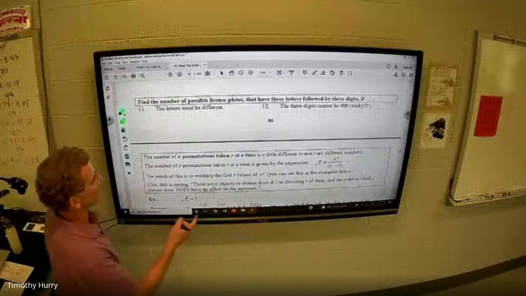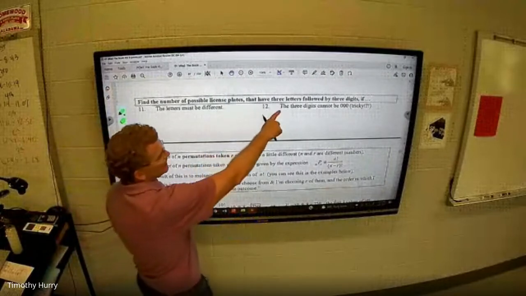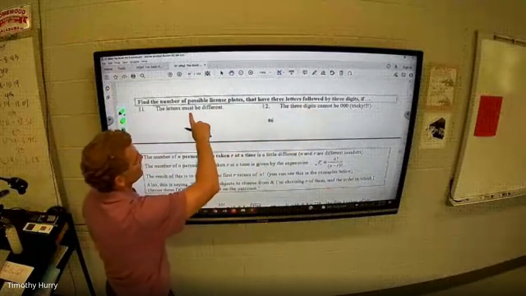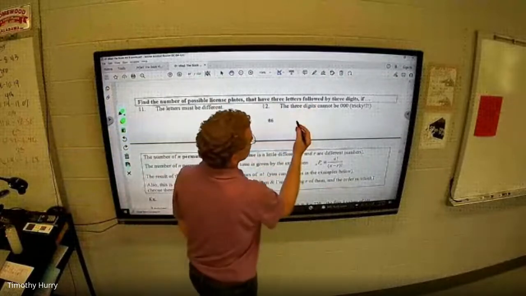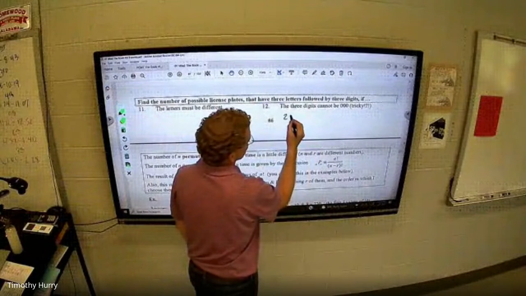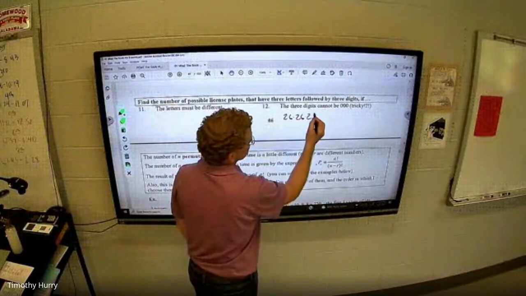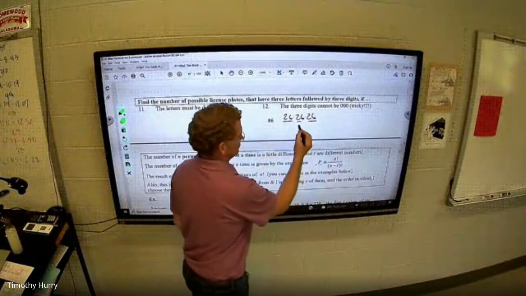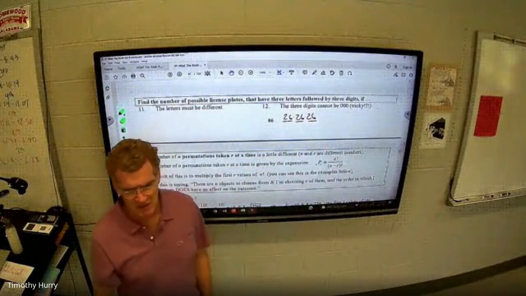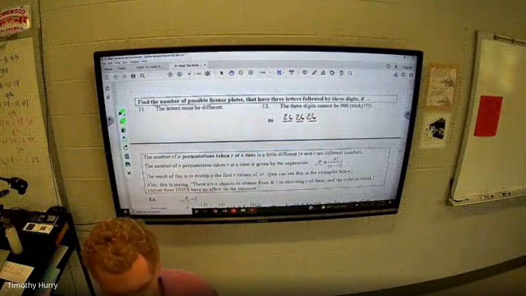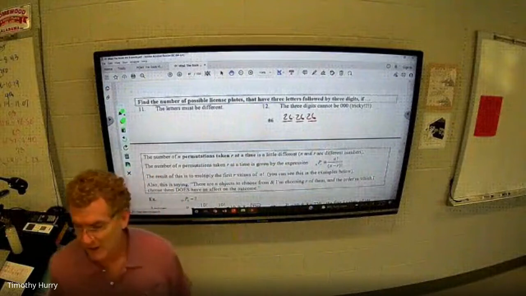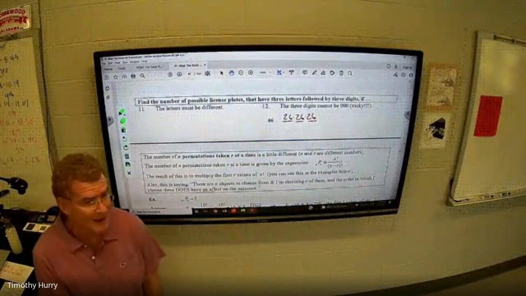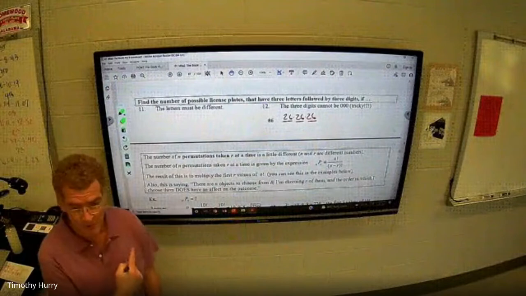A lot of people say, okay, 3 letters, 3 digits, find the number of license plates. So 3 letters, they go, well, you could have 26, 26, 26. By the way, don't say, my parents work at the DMV, and that's not true because they don't use the letters O or I. That isn't true. They might not even use Q, but that wasn't a part of our problem, right?